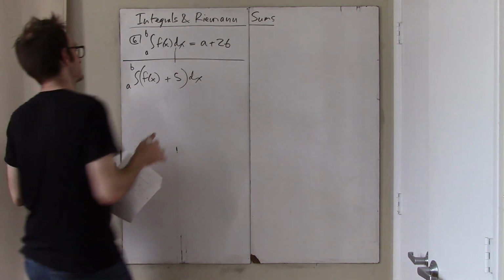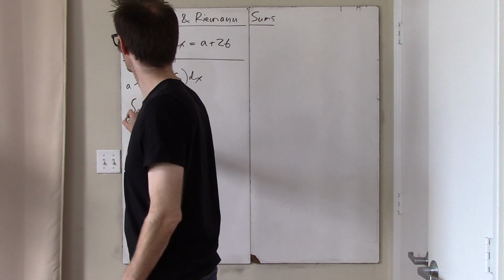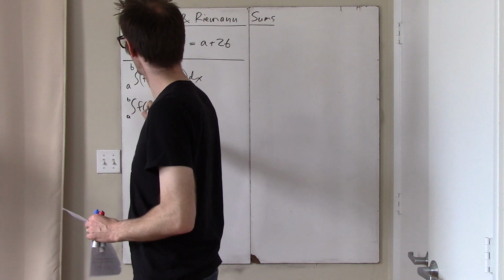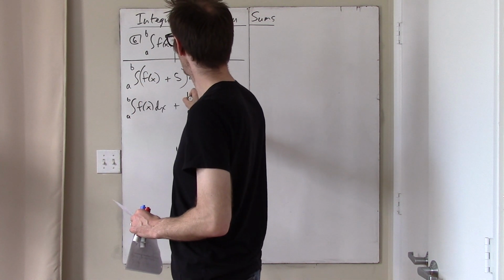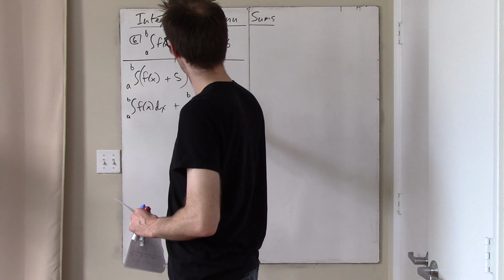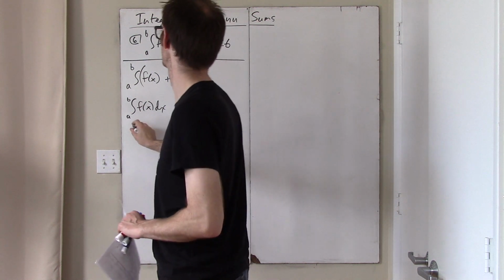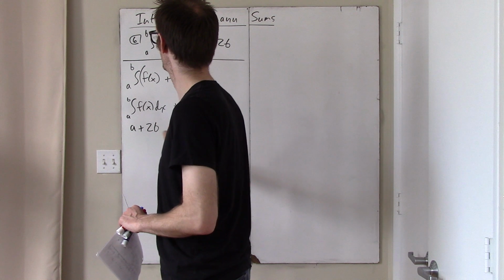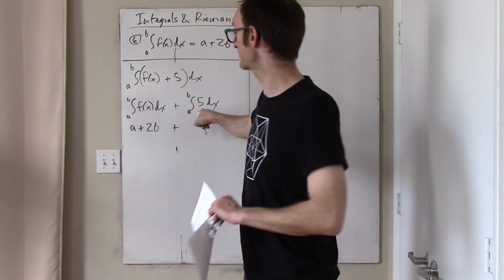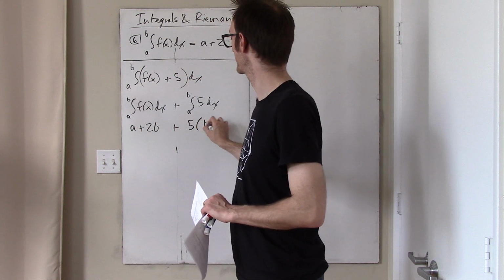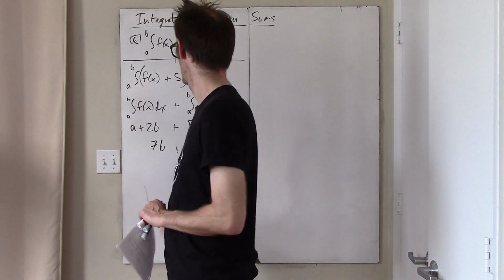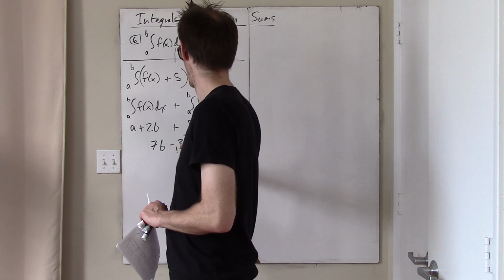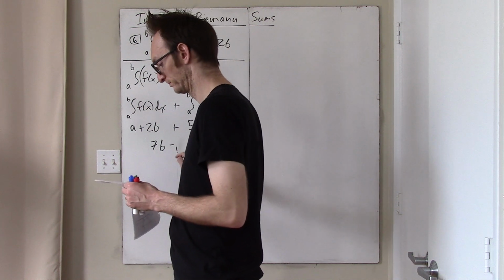This is just kind of boring, right? You split this up into the integral from a to b of f plus the integral from a to b of 5. And this is, because the problem said so, a plus 2b. And this is, by an integral property, just 5 times b minus a. And so you get 7b minus 3 minus 4a.